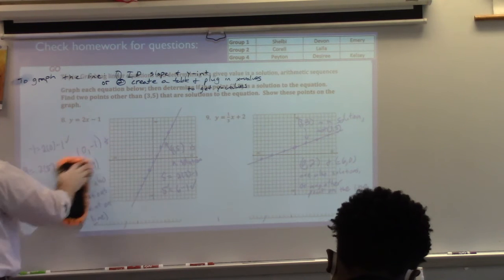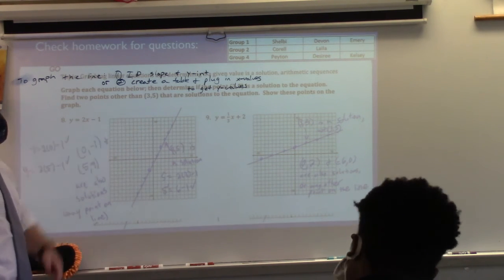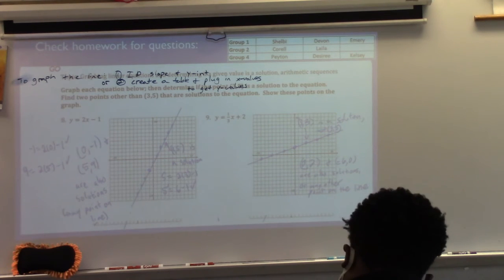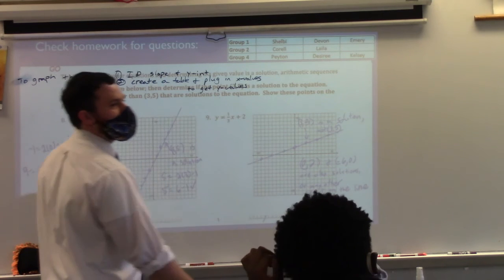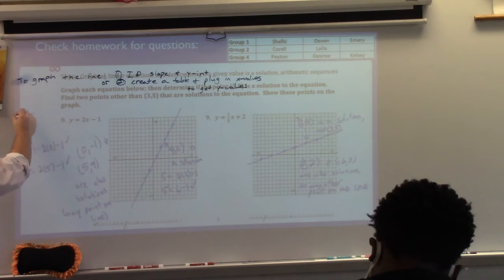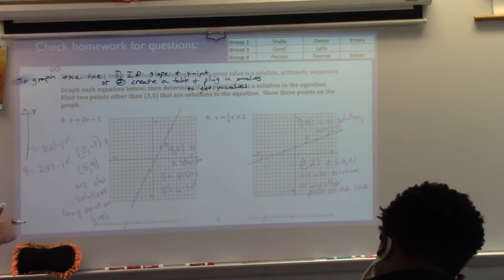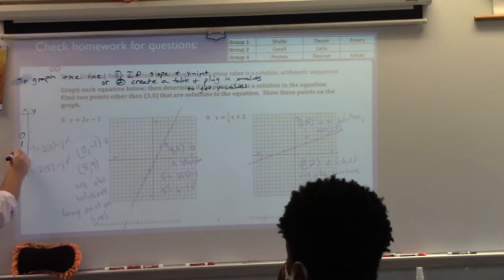Make a table. You can make a table, right? What are some good x values to plug in when it comes to doing a line? 1, but that's not where I would start. 0 would be good. And then 1, 2, and then -1.